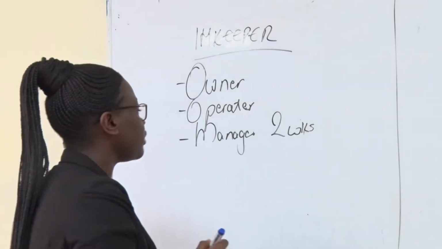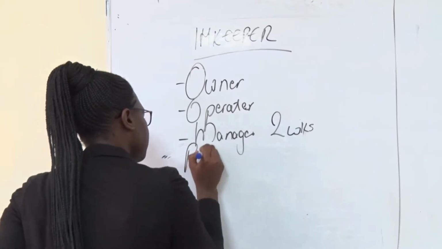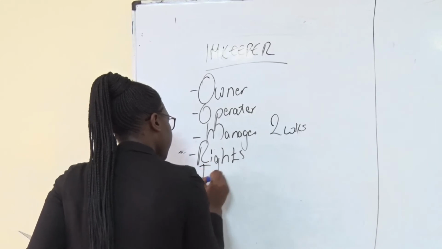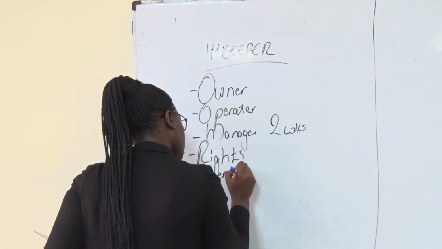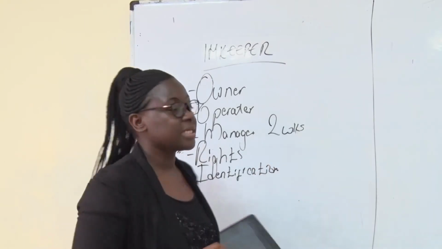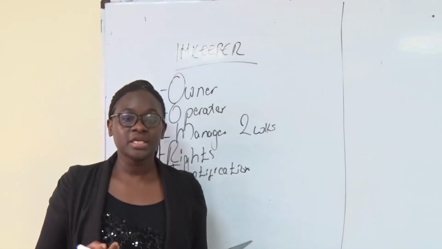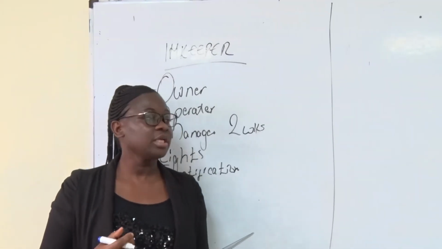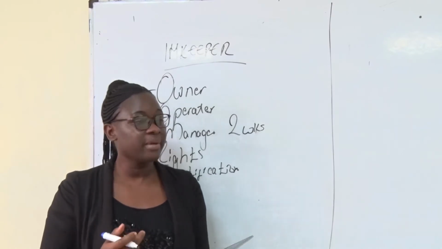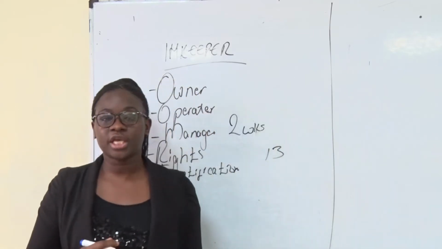Now next we move on to identification of a guest. The first one was the rights of an innkeeper. Number 2, we look at identification. As an innkeeper, you have to be really careful of the people that you bring on board. In as much as we want money, we have to really check on who gets in, because you can't say that you're having minors or 13-year-olds, a group of 13-year-olds that are coming to check in.